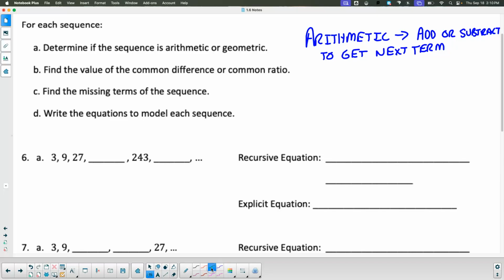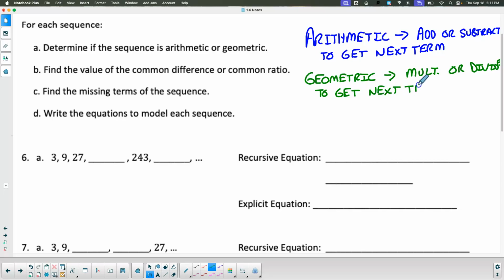Multiply or divide to get the next term. Okay.